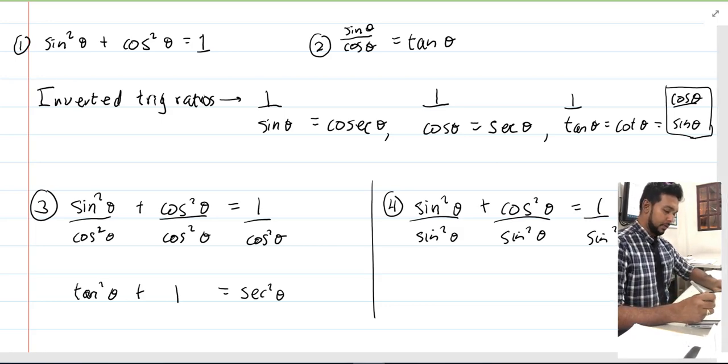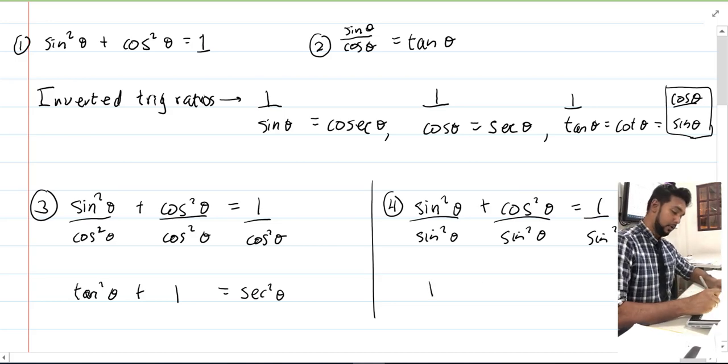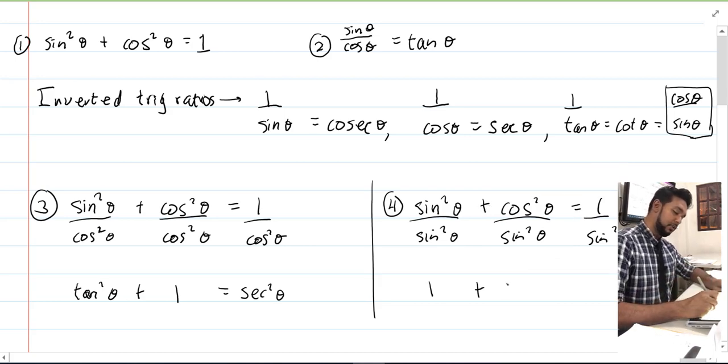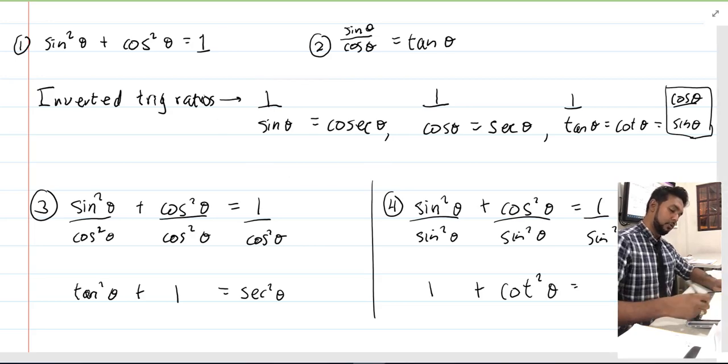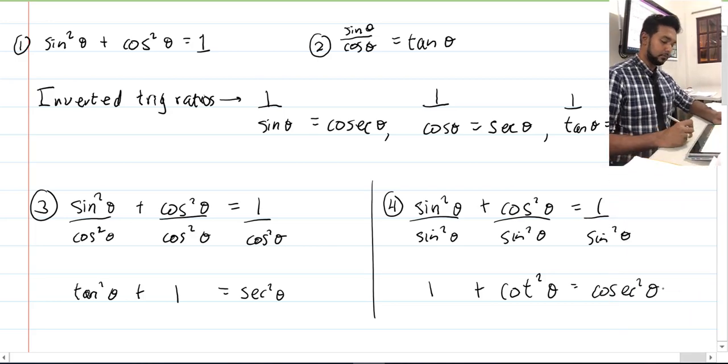All right, cool. So sine squared over sine squared is what? 1. Cos squared over sine squared. So what's cos over sine? That's 1 over tan, which is cot, and cos squared over sine squared will give us cot squared. 1 over sine is cosec, so 1 over sine squared is cosec squared. Yes? No? Maybe?